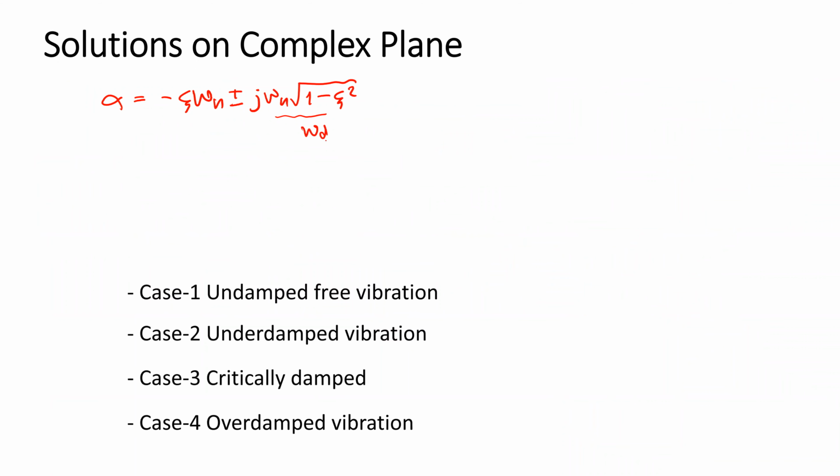Alpha is equal to minus psi omega n plus and minus j omega n square root 1 subtract psi squared. And this one is the damped natural frequency. I redraw the picture with the imaginary part of alpha and the real part of alpha.